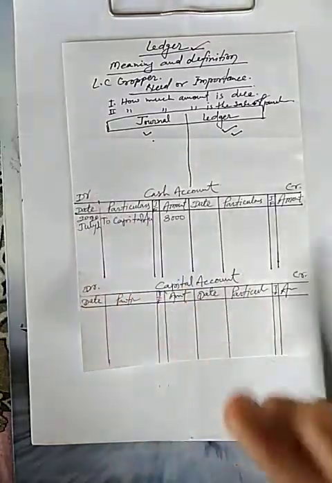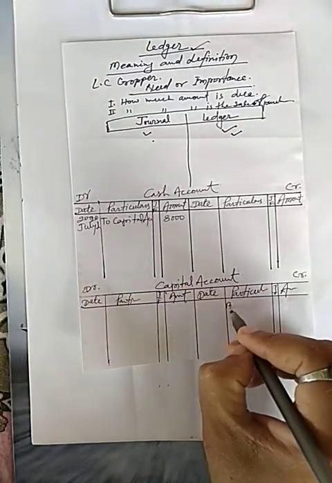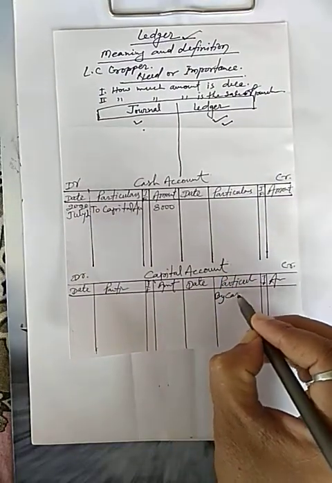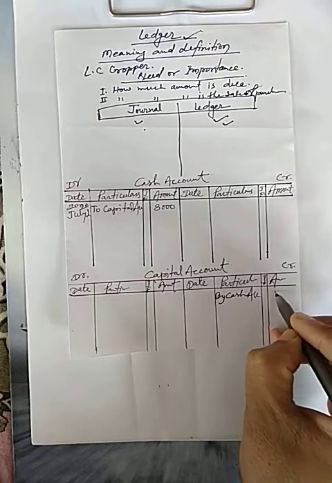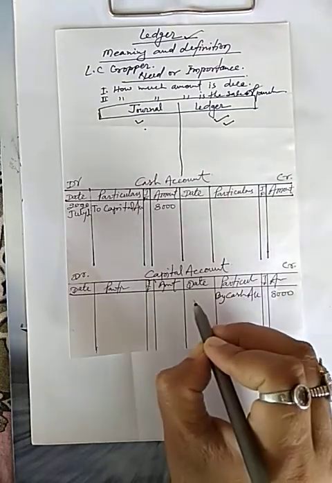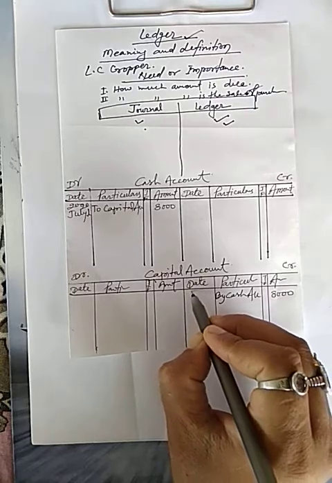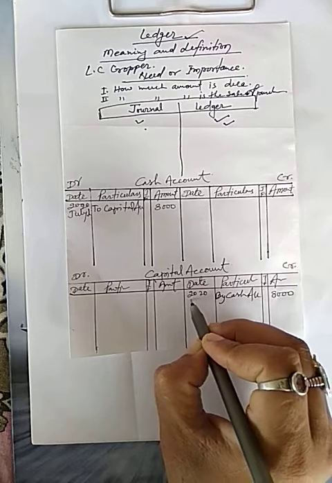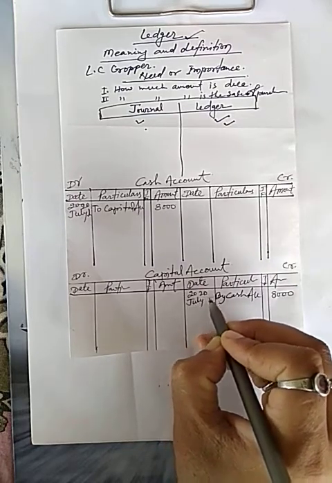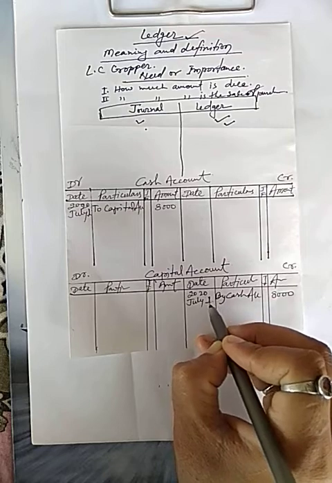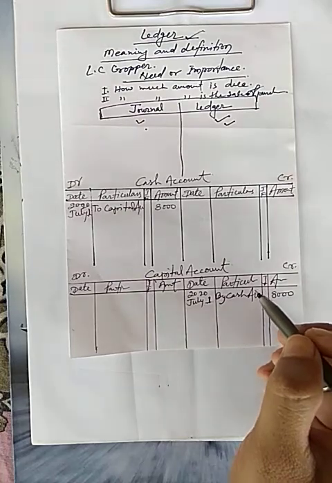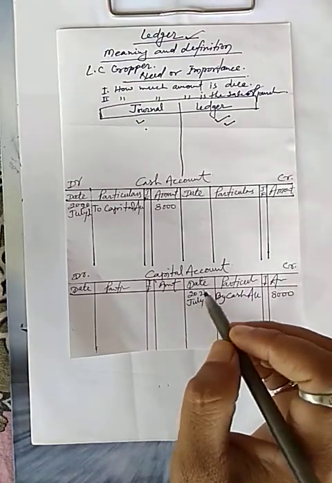So in credit side we will write by cash account 8,000 on 2020 July 1st. So this is the process of posting in ledger account.